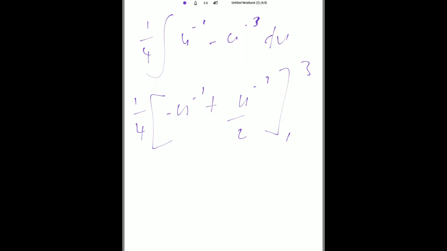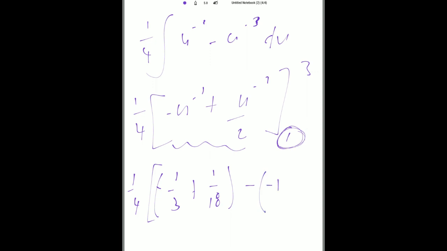So let's do our substitution now. So that gives us what? 1 over 4 times, if we substitute 3 in this here, what do we have? Negative 1 over 3 plus 1 over 18, and we need to subtract the substitution of 1 in this expression now. So what do we have?